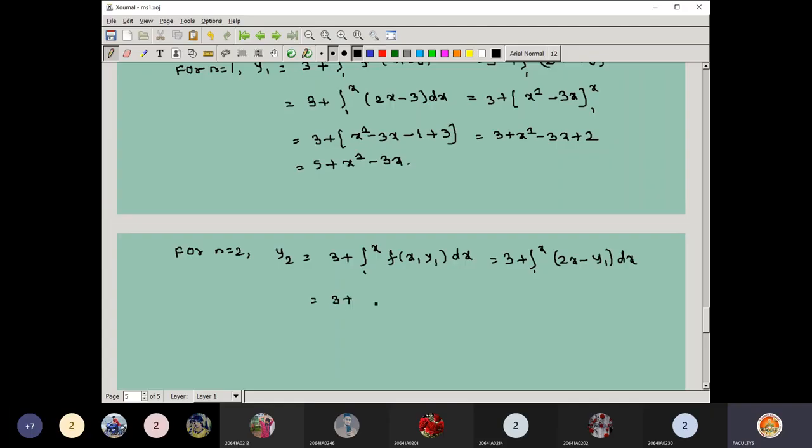So 3 plus integral 1 to x, 2x as it is minus y1, which we already calculated. So it is 5 plus x square minus 3x.